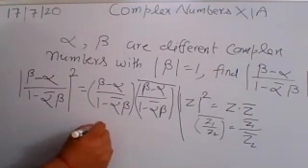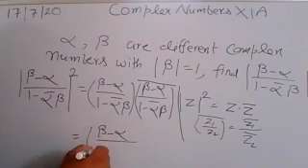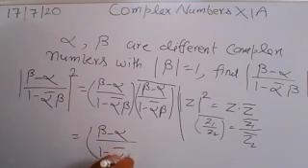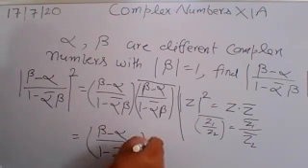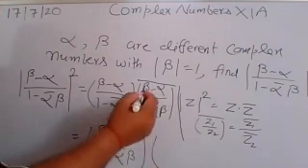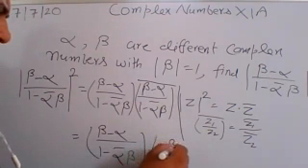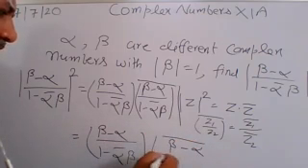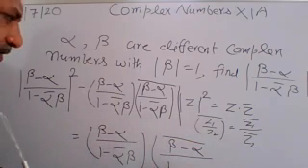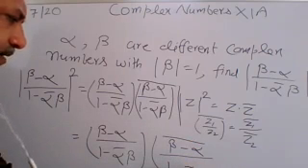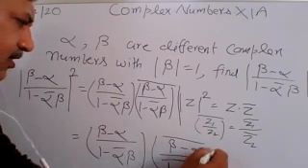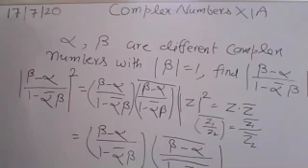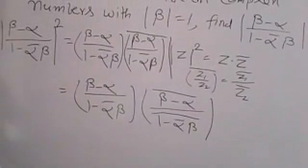That can be written as beta minus alpha upon 1 minus alpha bar beta, and here if you are applying, beta minus alpha whole conjugate upon 1 minus alpha bar beta and the conjugate of this one. Okay, here you are applying in this way.